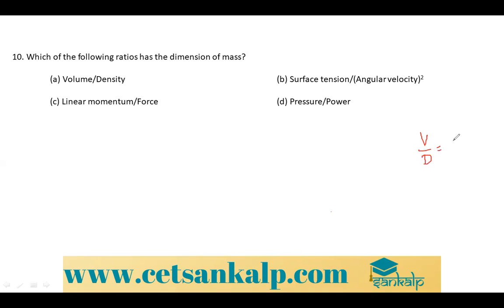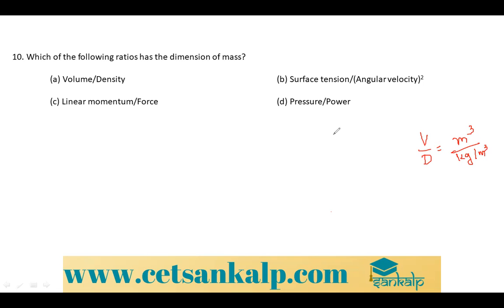Volume in general is meter cube. And rho is nothing but density. So density is equal to mass by volume, which is kg per meter cube. So this does not give kg.